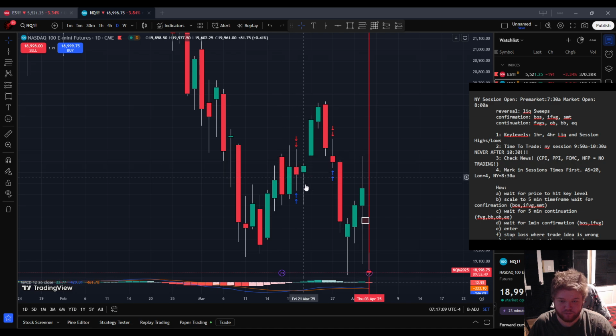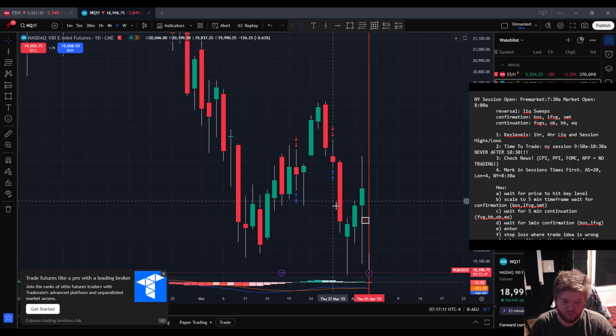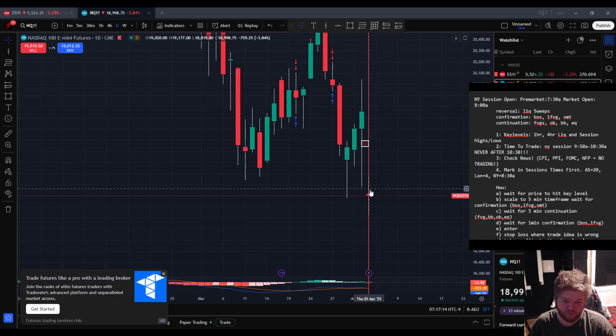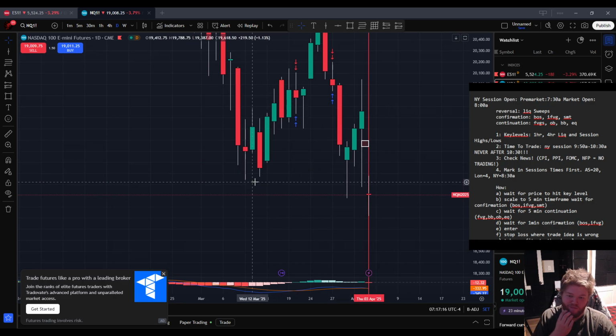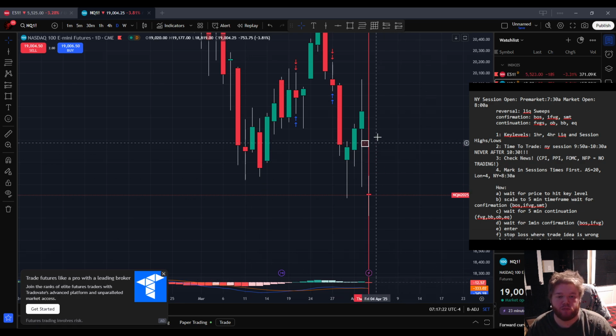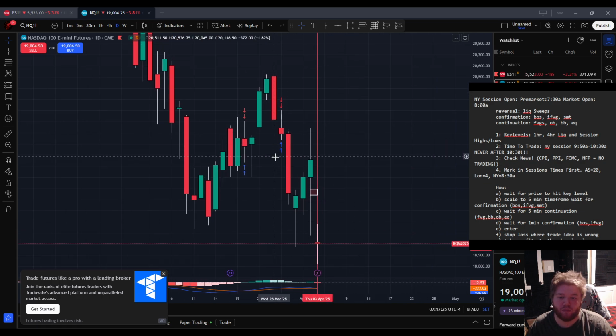Breaker block. Order block. Sweep. Fair value gap. Respected. Two fair value gaps. Inverse fair value gap. Fair value gap. Respected.